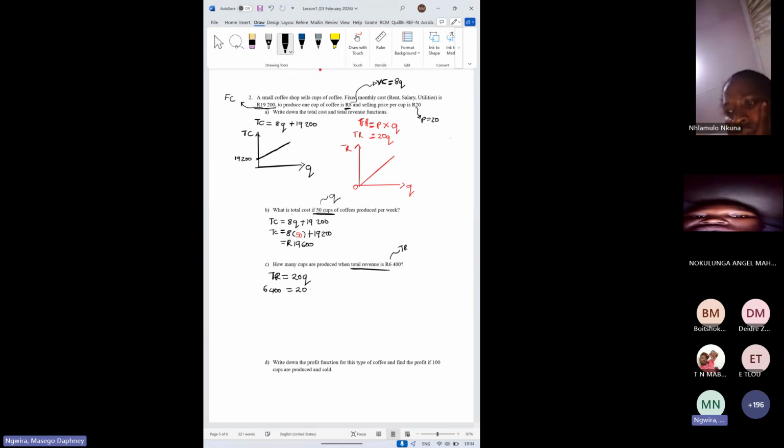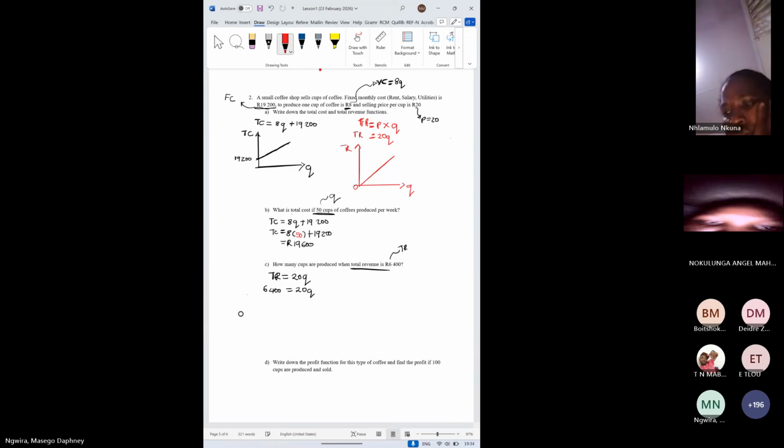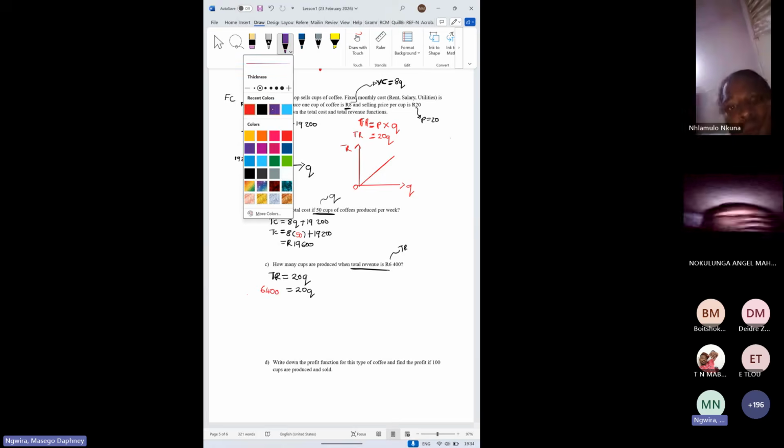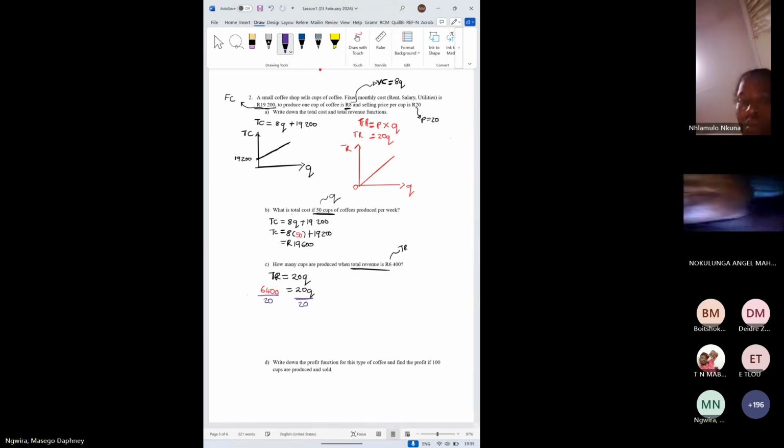So now I'm going to look for my Q. You said I must divide both sides to remove this 20 because I'm looking for Q. Divide, divide.